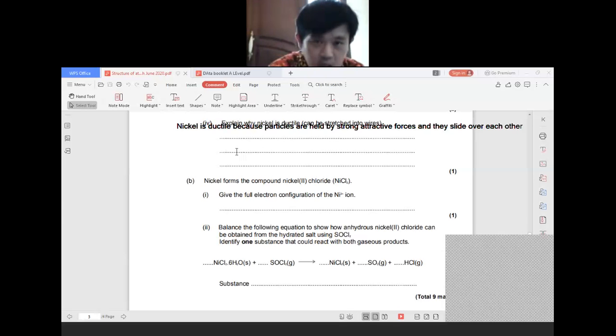So the nickel particles cannot break because the strong attractive force holds them together. So when they slide over each other, they will not break.